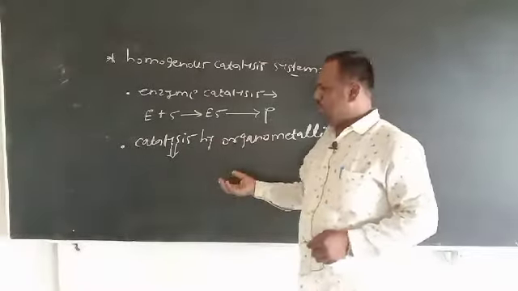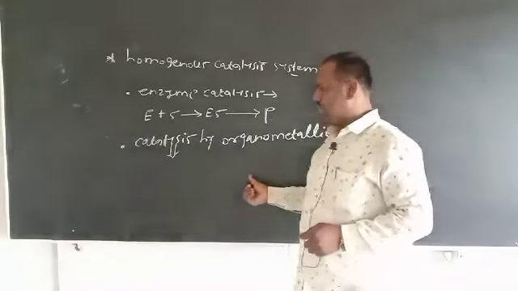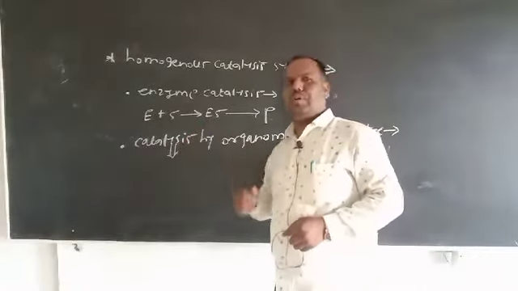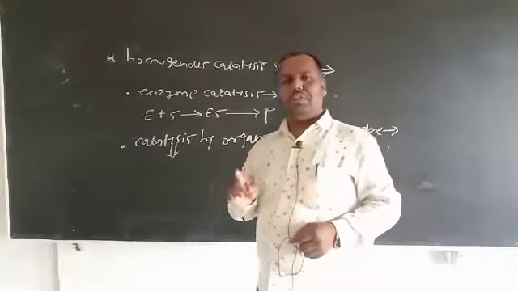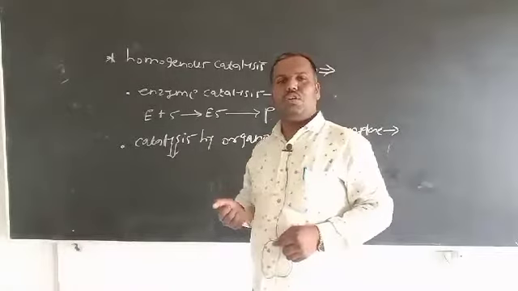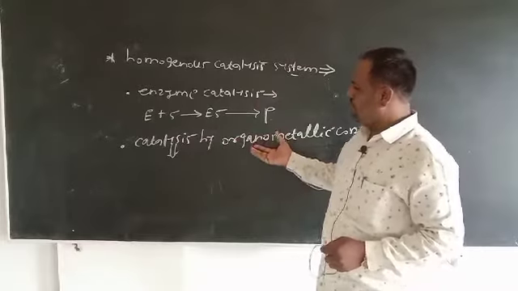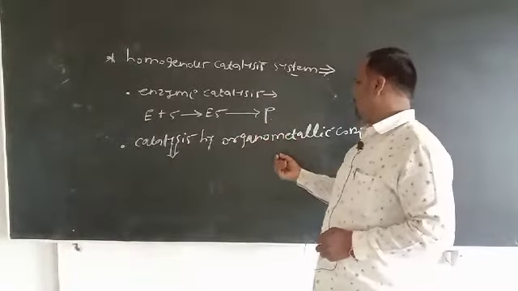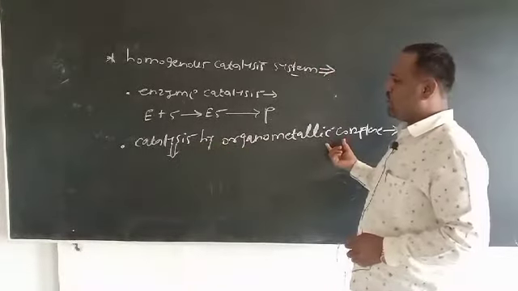We know that oxidative addition is the first step of any catalytic process using an organometallic complex, and reductive elimination is the last step. Coordination of ligands is also involved.